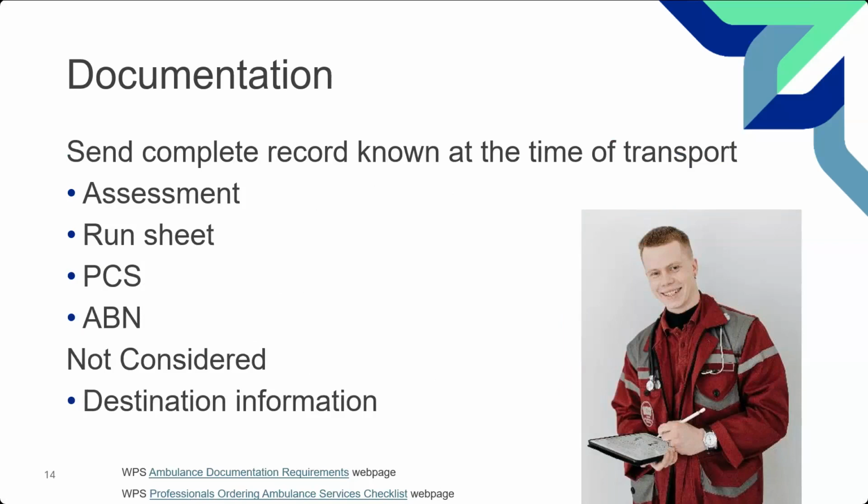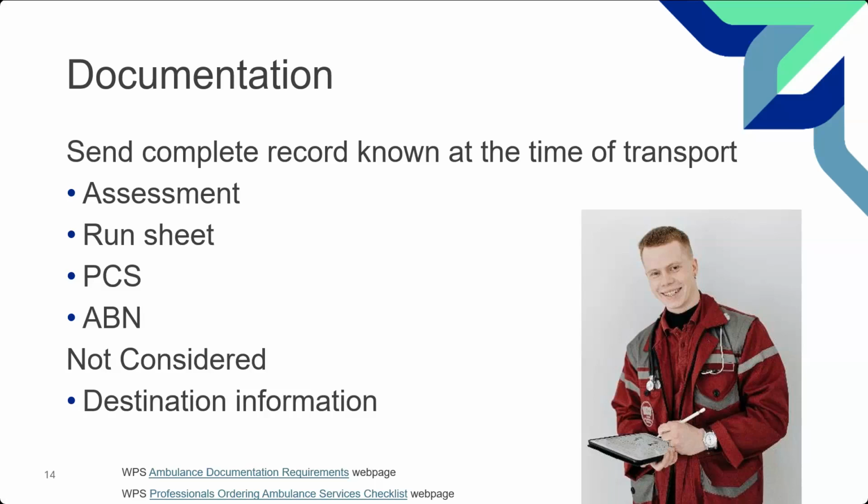What did the EMT look at? What were we kind of going through? What did they use as the starting point? The run sheet. That makes sense. What happened during the actual transport? The physician certification statement and ABN if applicable, because you don't necessarily need a physician certification statement or an ABN.